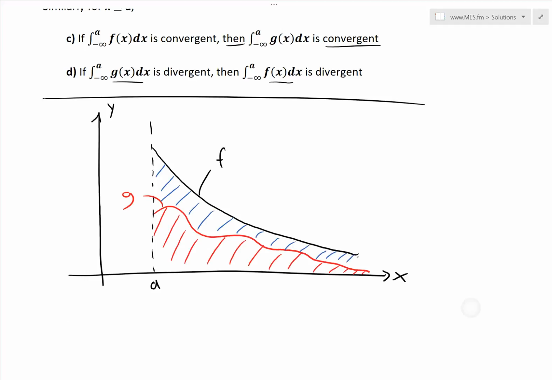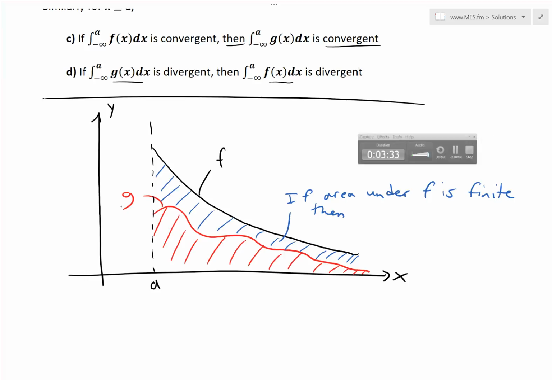And so the area underneath the function f is blue and red, the combination of the two. And as you can see visually, if the area under f, this blue and red, is finite, then basically the area underneath g is finite.